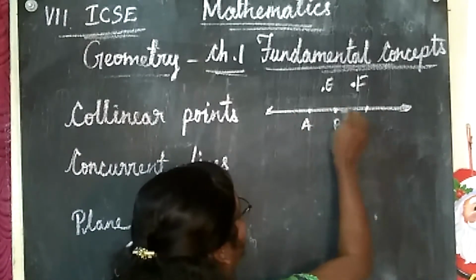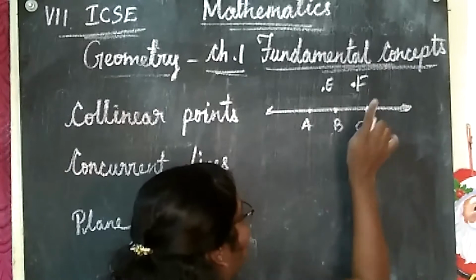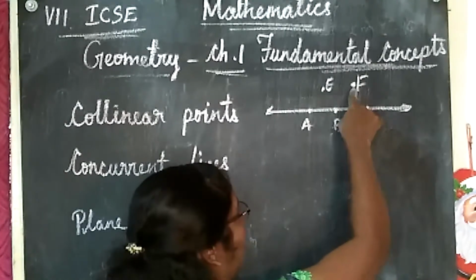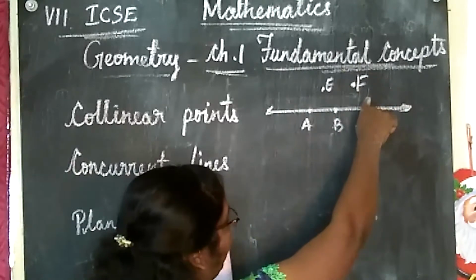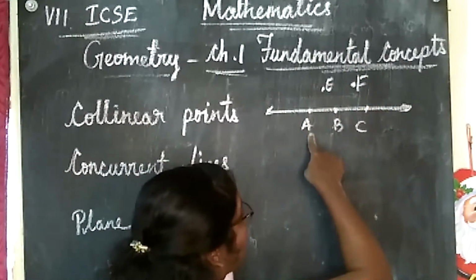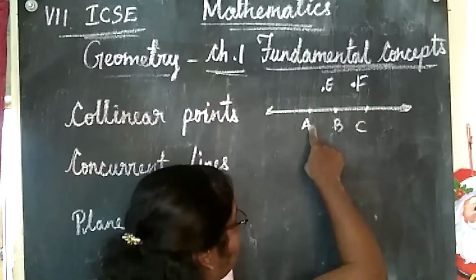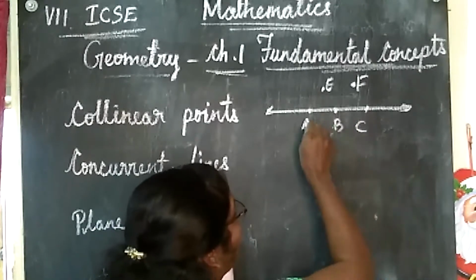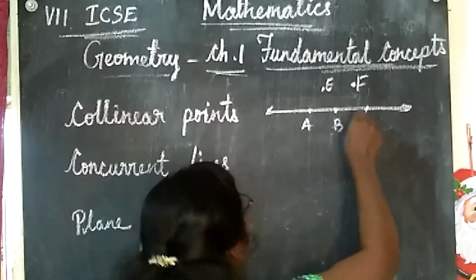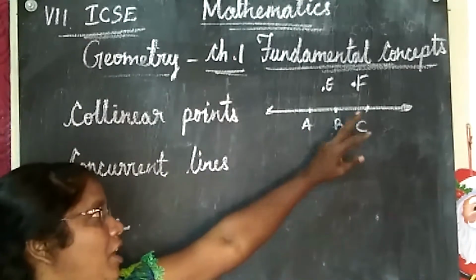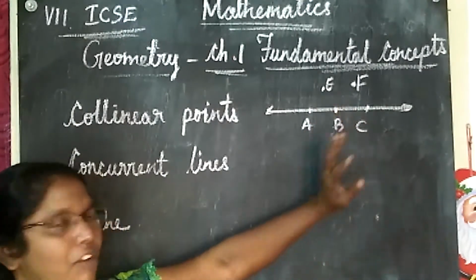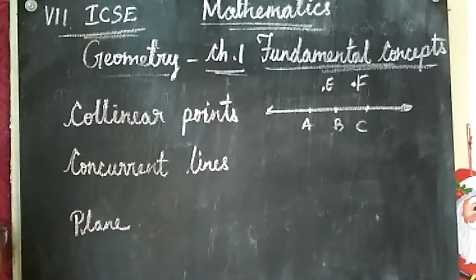On the straight line, I have A, B, C, 3 points. E and F are not on the line. They are separated. So, what are the points I am having on the line? A, B, C. So, points A, B, C are called collinear points. A, E, F or B, E, F or C, E, F are not collinear points.